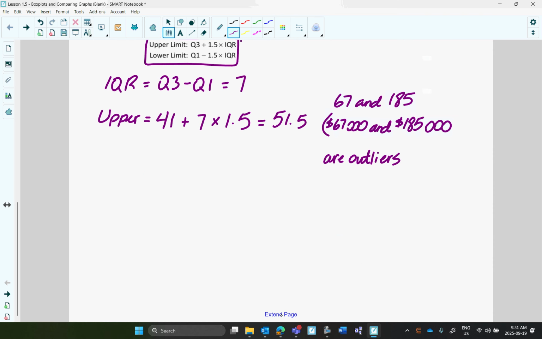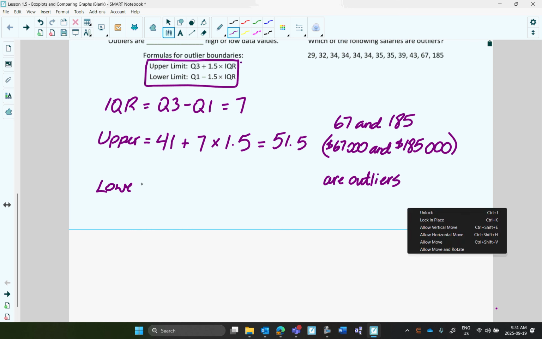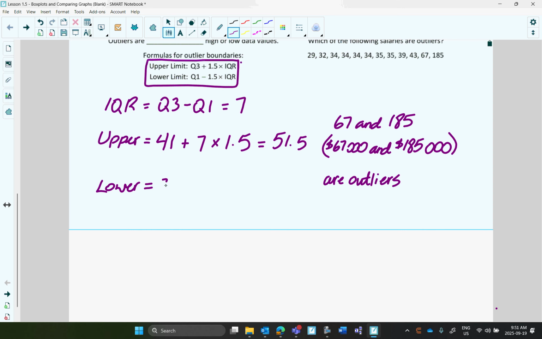But now I've got to calculate the lower. And to calculate the lower, you take the value of Q1, which is 34, minus the IQR times 1.5. And when you do that, you get 23.5. Anything lower than 23.5 will be considered an outlier as well, specifically a lower outlier. Any values?